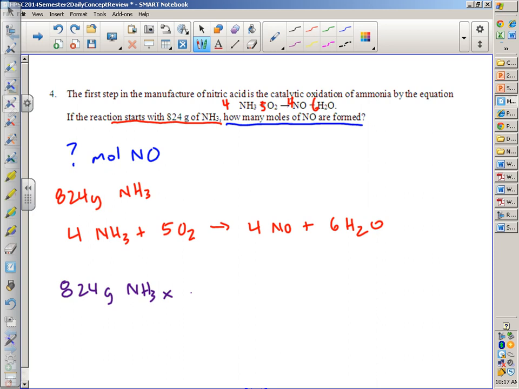Times sign, fraction bar. The first conversion factor has to get rid of the unit we're trying to get rid of. So grams of NH3 has to go on the bottom. And even though this problem is asking us for moles of NO, we can't put moles of NO on the top, but we can put moles of NH3, because we can convert grams of something into moles of something else.